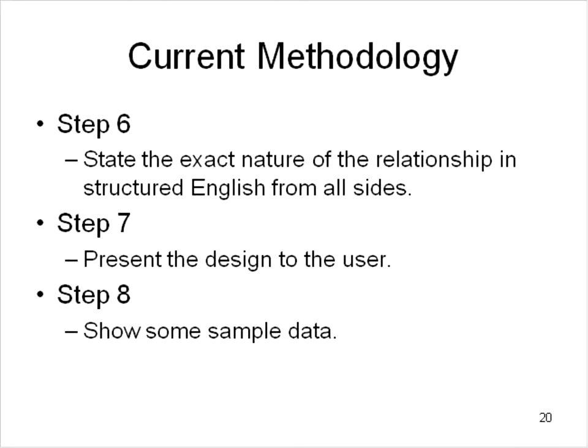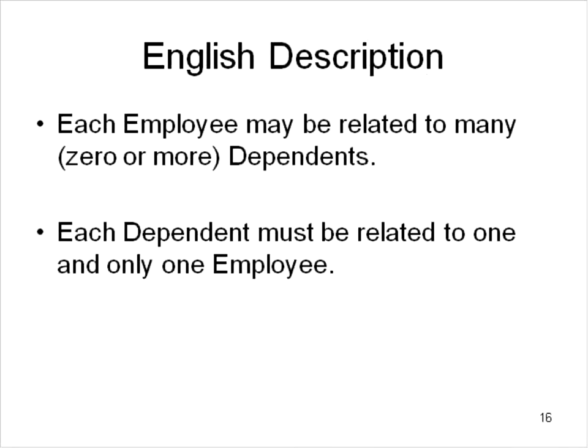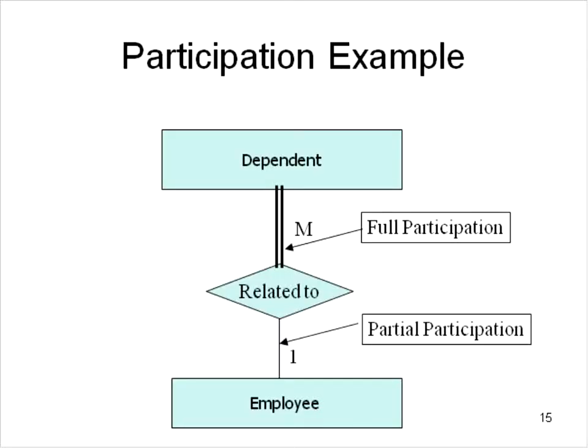But what you will notice is, going back to slide 15, when I said that in step 6 of the methodology, state the exact nature of the relationship in structured English from all sides, we need to state the relationship going from employee to dependent and from dependent to employee. So once again, an employee may be related to many dependents, but a dependent must have an employee related to it.